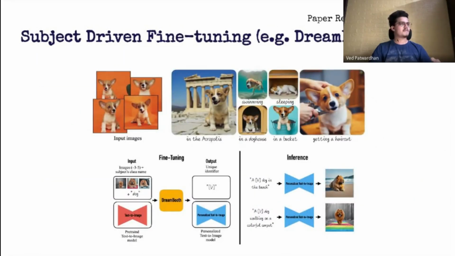This is the second categorization which they had made, where you try to fine-tune a model based on a particular subject. For example, there's this paper called Dreambooth by Google, where, as you can see from the image, you've got a ton of images of a dog, and you pass these images to the model, then you pass different prompts and it uses this particular structure of a dog in those contexts.